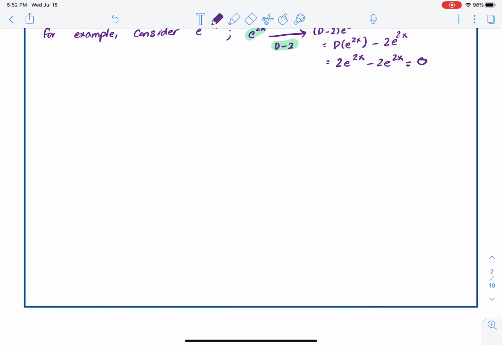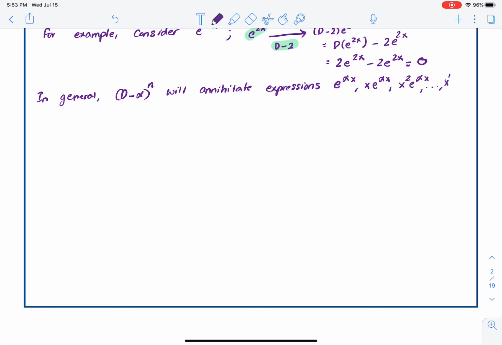So in general, using the previous property and the current one, d minus alpha raised n will annihilate expressions, not 1, meant to say, e raised alpha x, x e raised alpha x, x squared e raised alpha x, all the way up to x raised n minus 1 e raised alpha x.